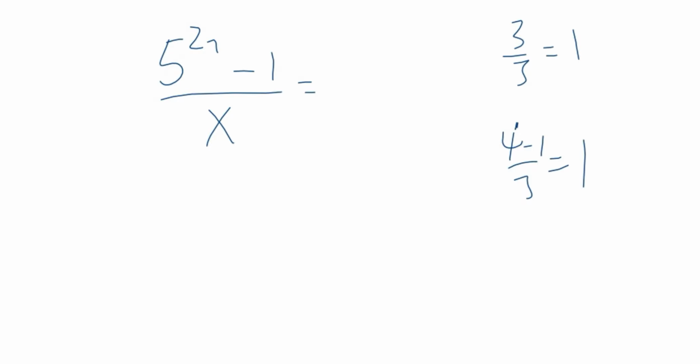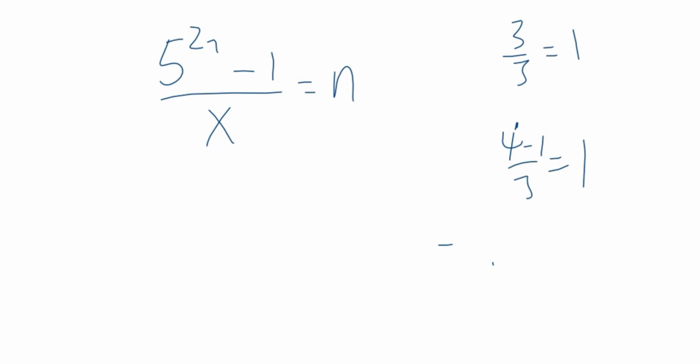So in that, we'll make an assumption that for every expression in the form e exponent n minus 1 divided by a particular value x, this should be equal to n. So that's what we do there.